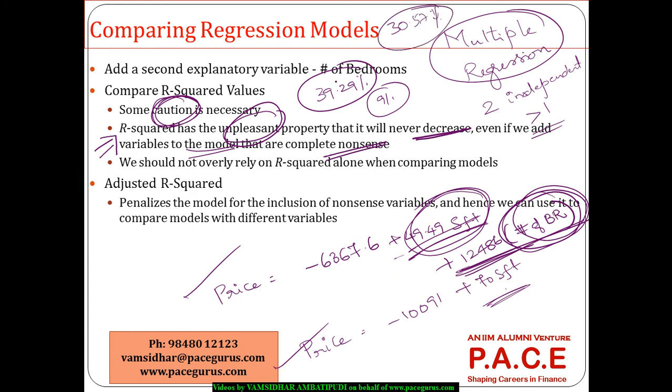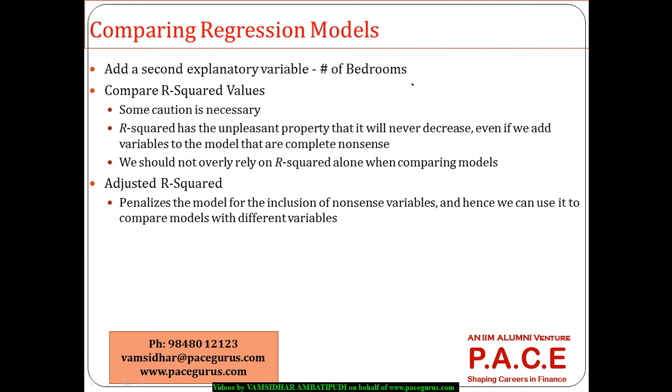So I have to be slightly careful while doing an interpretation, because once I have taken square feet, there is no way that adding a second variable, a third variable, or any nonsense variables along with the square feet can get the R squared lesser than 30.57.